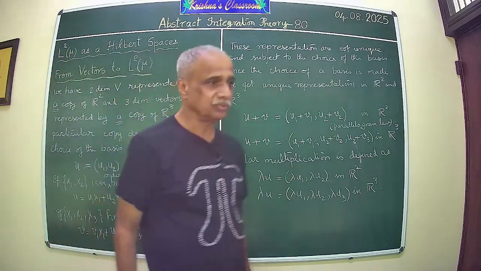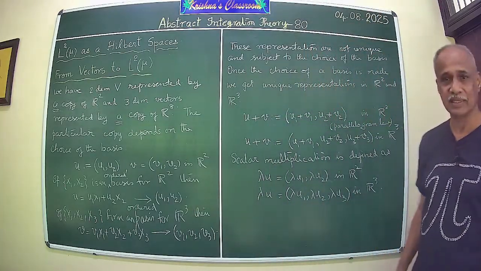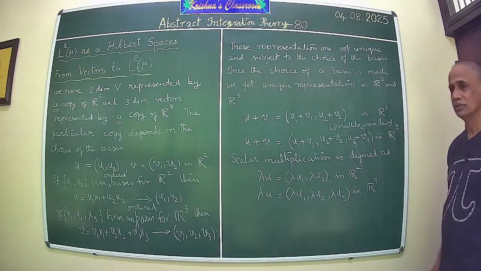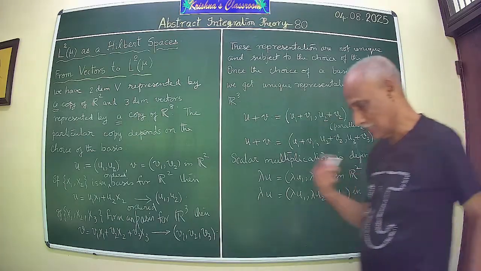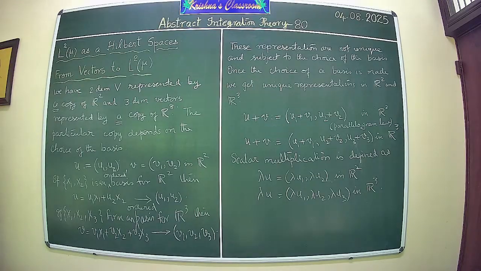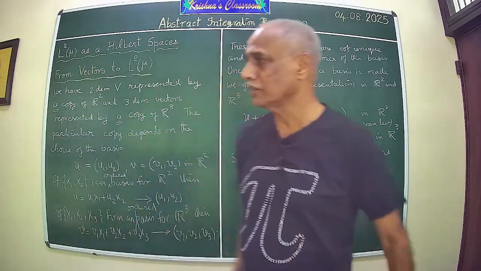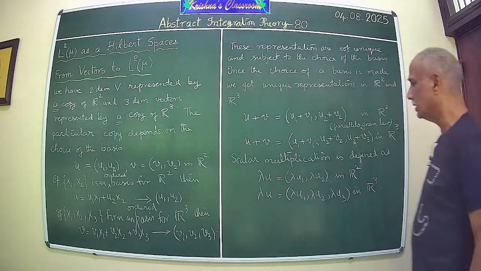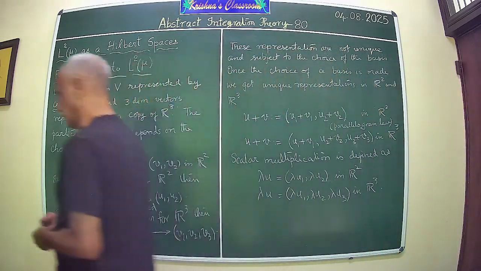Because once you choose a basis and then the representation in terms of components, the addition is simply adding the corresponding components. I mean, they are real numbers. You have the addition and multiplication there. Similarly, scalar multiplication is multiplying every component by the scalar.